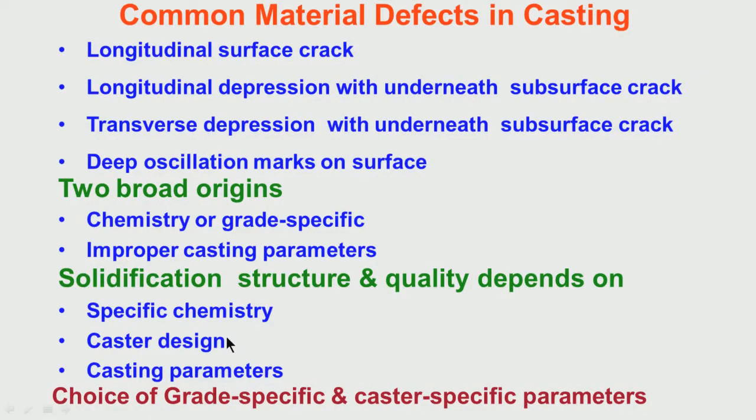The magnitude of the strain will depend on the extent of bending, the extent of unbending, and at what rate you are giving this bending, whether it is slow bending or fast bending. So all these parameters might create a lot of mechanical strain. So by caster design, I mean that also.